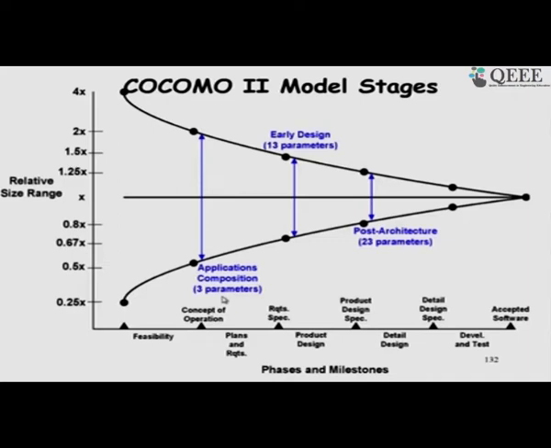We considered the number of screens, the number of entities touched and so on, number of modules, important modules. So, 3 parameters only, and then as expected the accuracy of estimation is not very high. But after the requirement specification, we use the early design model, COCOMO 2 model, and here we use 13 parameters.